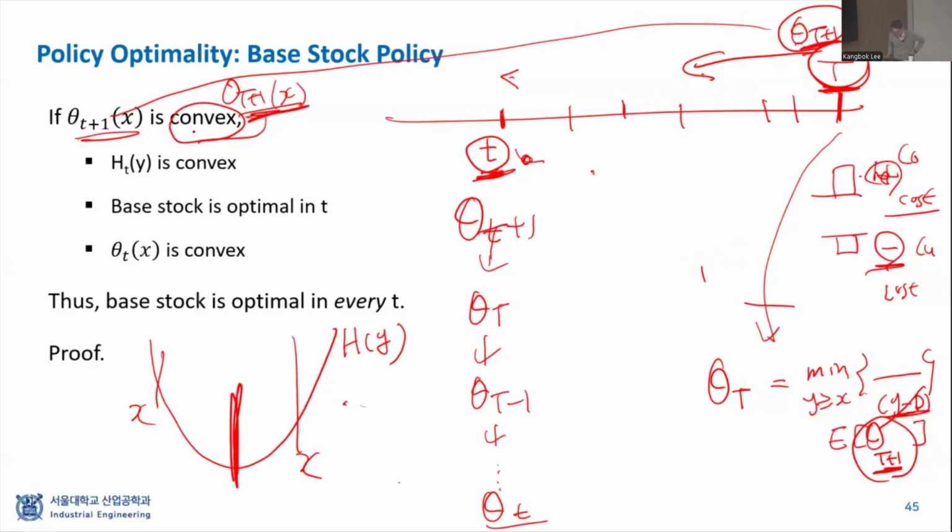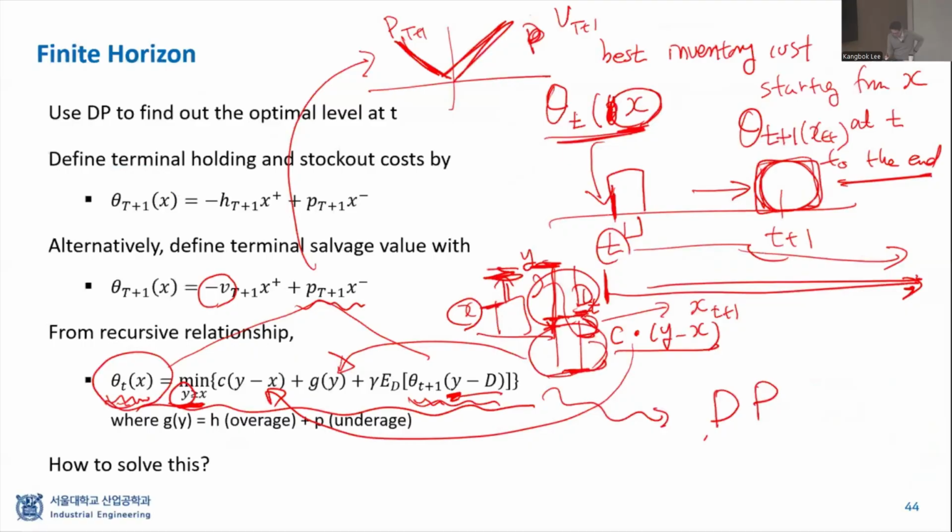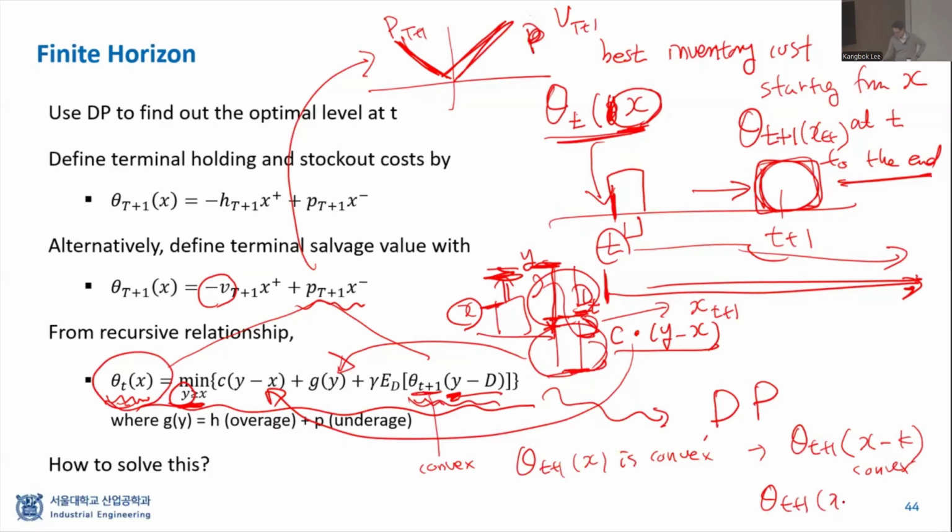So let's assume that this is convex. If theta t plus 1 of x is convex, then obviously theta t plus 1 of x minus k, for a constant k, must also be convex. If it's convex, theta t plus 1 of x minus d must be convex, although we have some random variable.